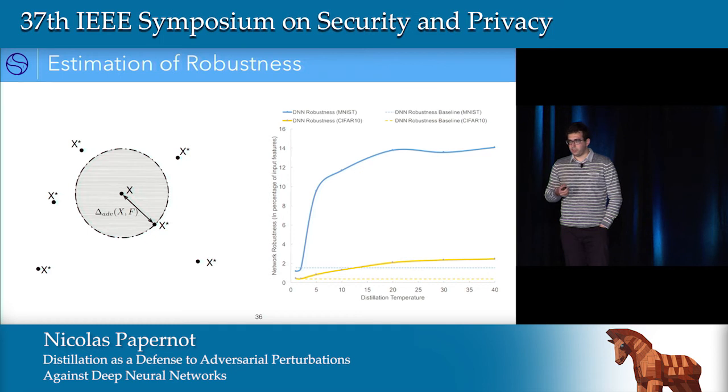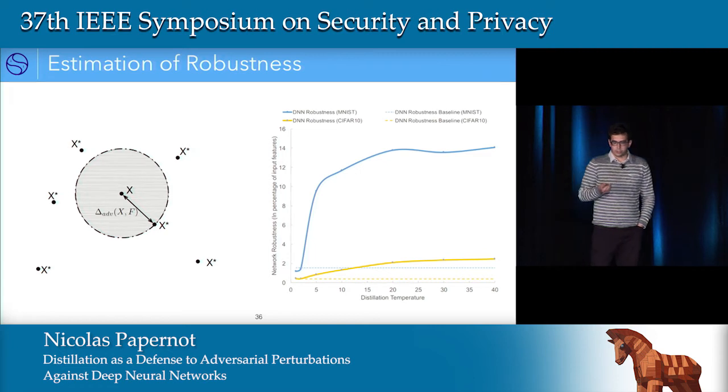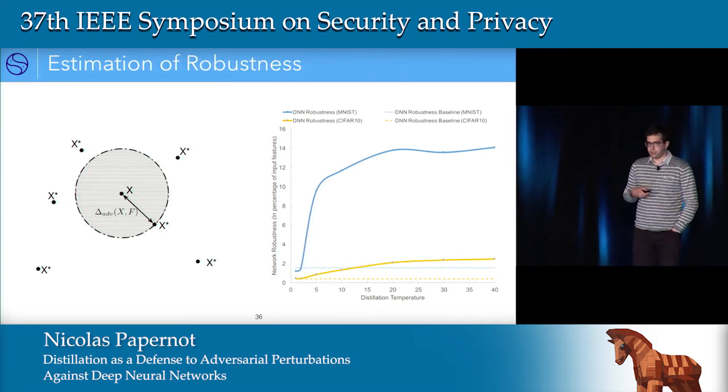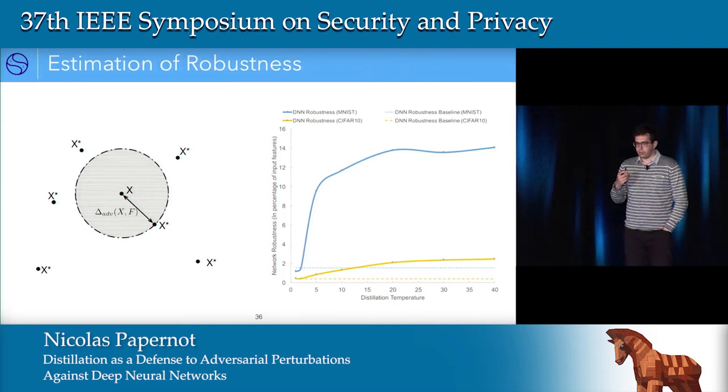And it turns out that this gives us a way to compute the average minimum perturbation to achieve misclassification, which is the definition of robustness. And you can see that for the digits in blue and the objects in yellow, we indeed have an increase in the average minimum perturbation.